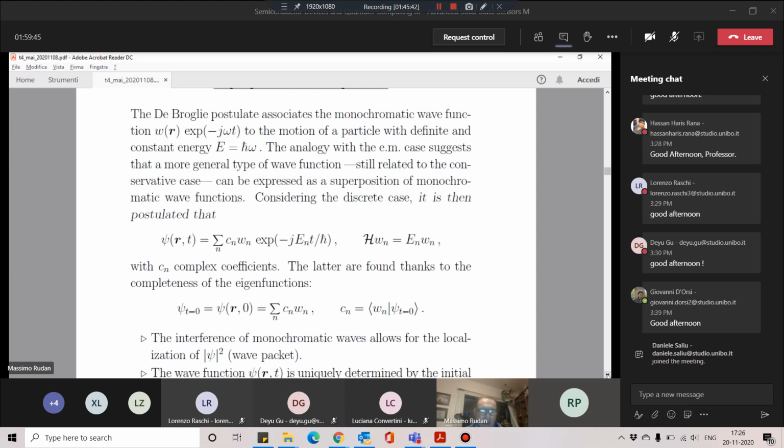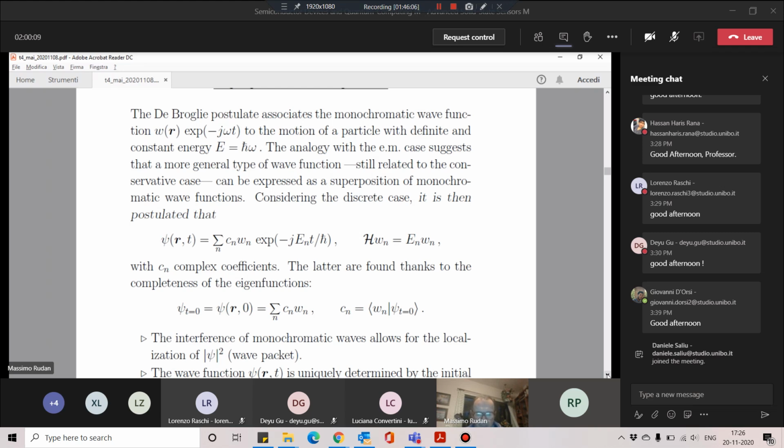Now the issue is, but what are Wn and E sub n? This is the question. The answer is Wn and E sub n are the eigenfunctions and the eigenvalues of the Schrödinger equation of the Hamiltonian.